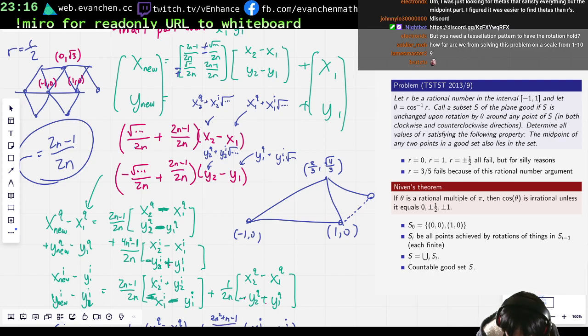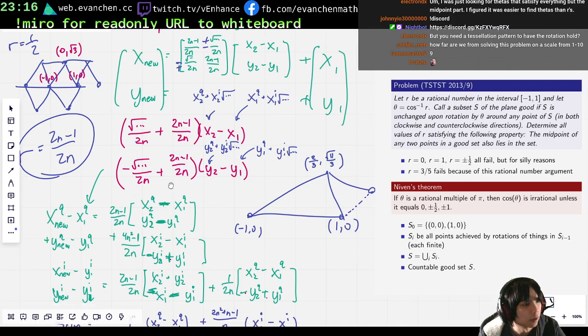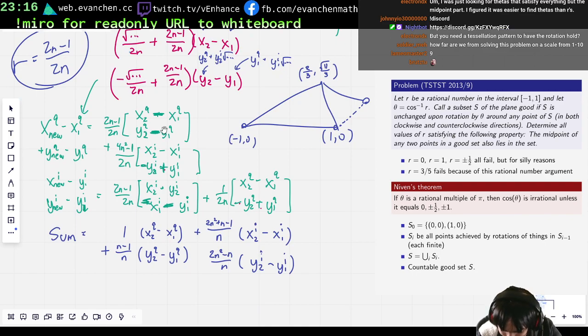And that will probably be all I need. Y2 irrational part minus Y1 irrational part. I really hope there was something that I could have done to not do this, but maybe it's fine.